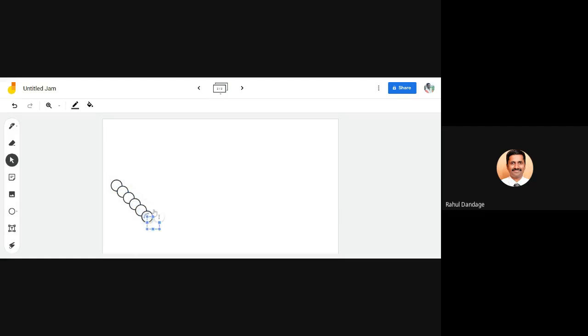I'm just putting some multiple events together. Then I will arrange them as per requirement. Is it visible to you? Now you can see, as per the rules of network diagram, we always start with a single event. So that is event number 1. Then there are two activities A and B, which are independent.